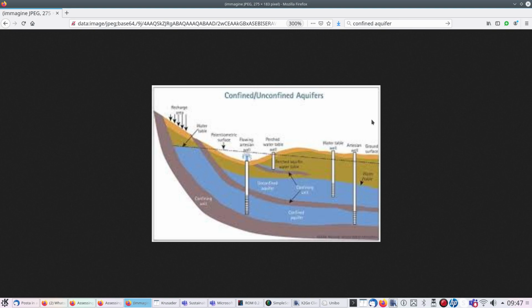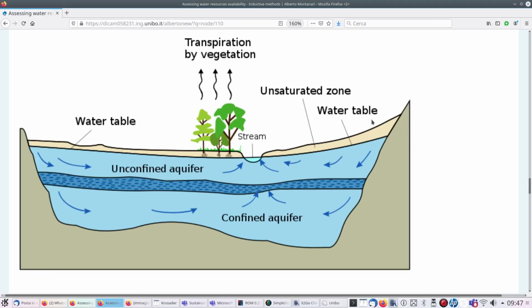I go back now to the previous figure. So what's the difference between the two aquifers? First of all, the confined aquifer is more protected because the impermeable layer acts as a protection. The unconfined aquifer has the upper part that is in contact with the atmosphere.